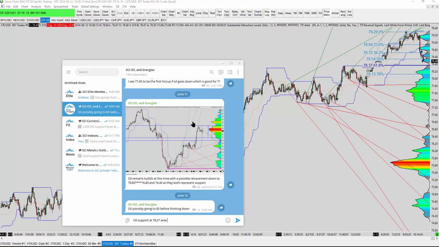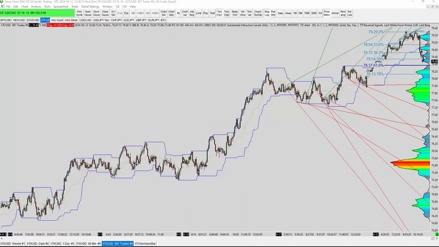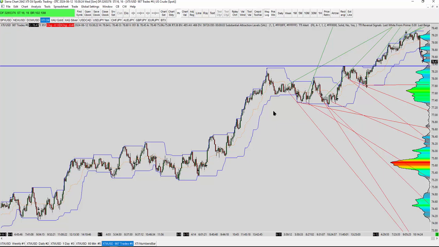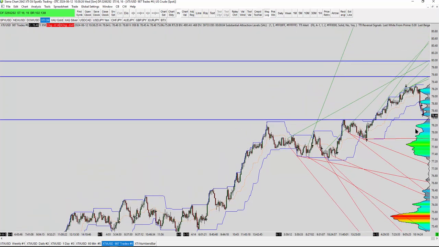And what I do, I take a snapshot of this whole thing, and I share it with my members. I put a line here, and I take a snapshot, and I share it with them. This is a possibility, okay? This is not confirmed, we have to confirm. So there's my snapshot.